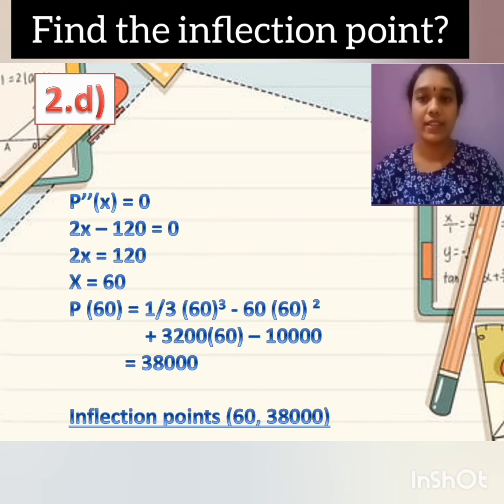We find that x equals 60. Then we substitute 60 into the profit function, and we know the answer is 38,000. So, the inflection point is 60 and 38,000.